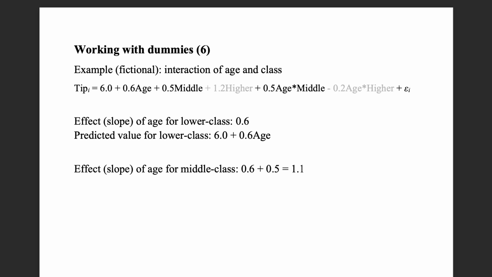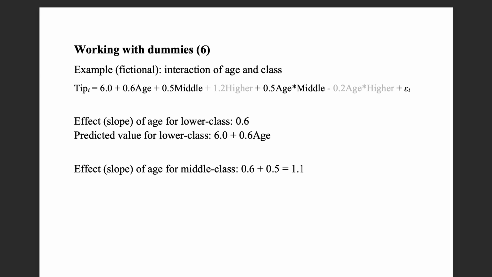So hopefully you remember from last week when we were doing the simple slopes analysis that if you have two regression coefficients in the same model about the same variable, and there is nothing else happening, then we can just add up these two regression coefficients into one single coefficient to give us an effect. So in this case, we have now for the middle class people two coefficients, 0.6, the main effect, and 0.5, the interaction effect, which basically tells us how much higher the slope coefficient is for middle class people than for just the lower class people.